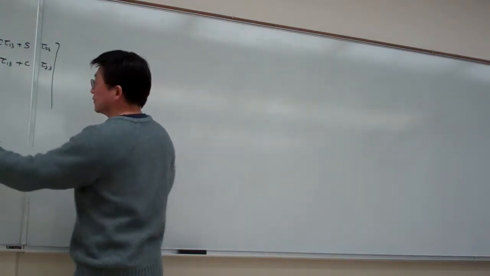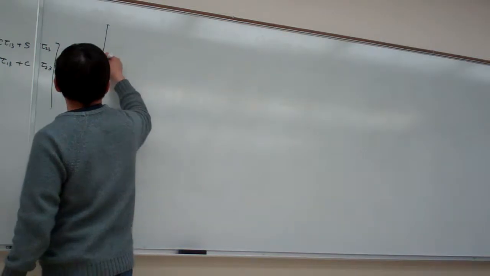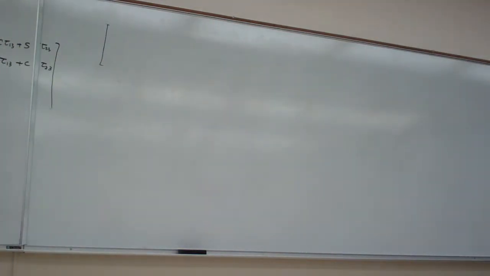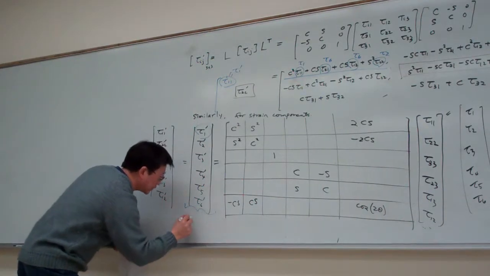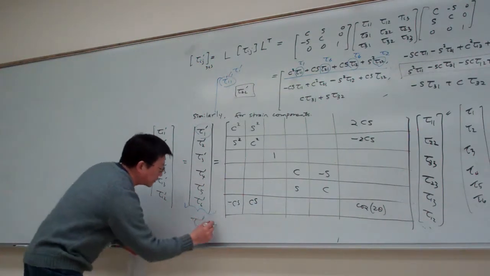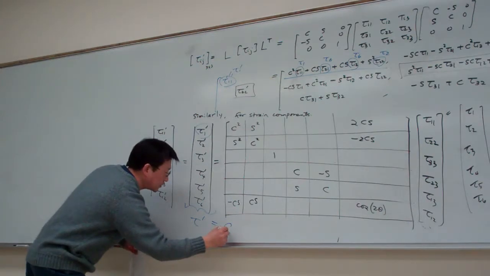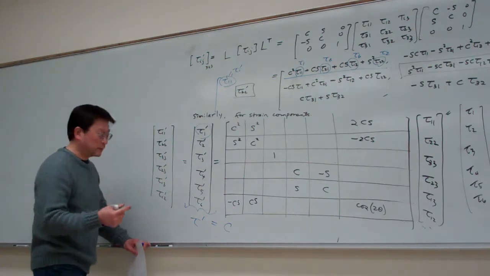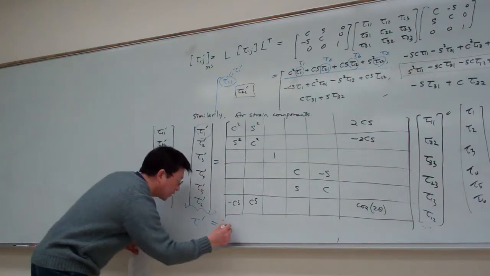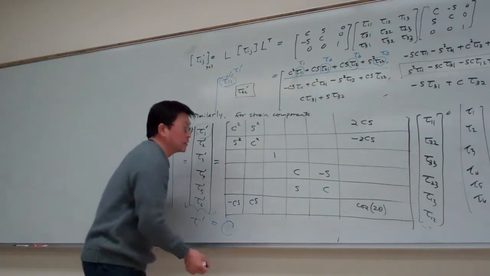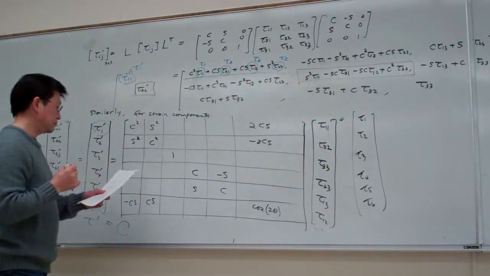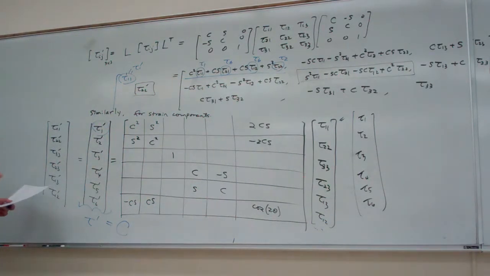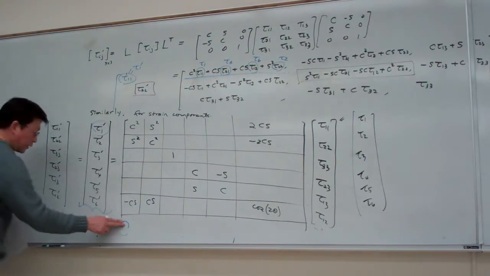So which means from here, let me define the whole index, tau prime equal to, using the capital C, and let me define this one.